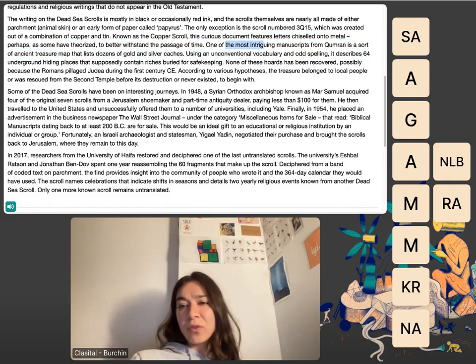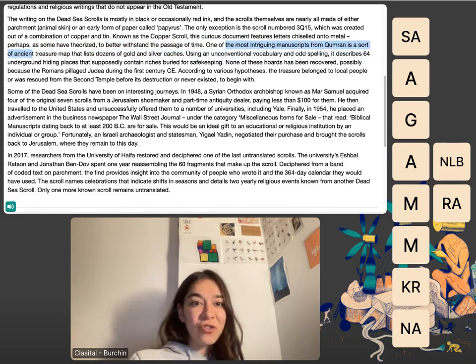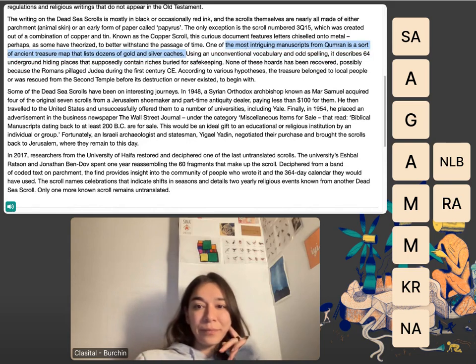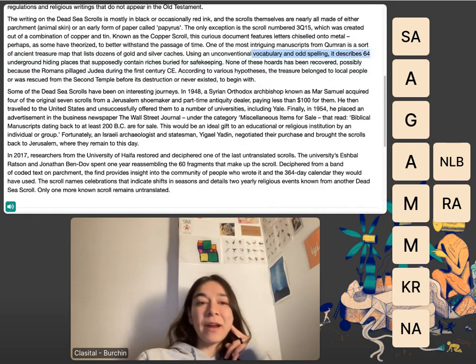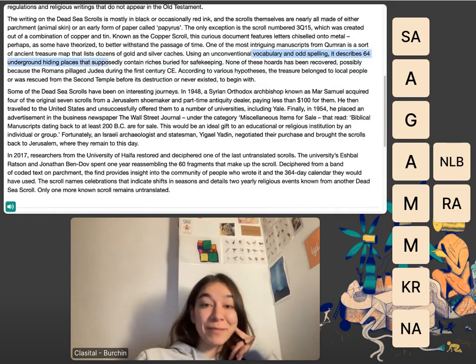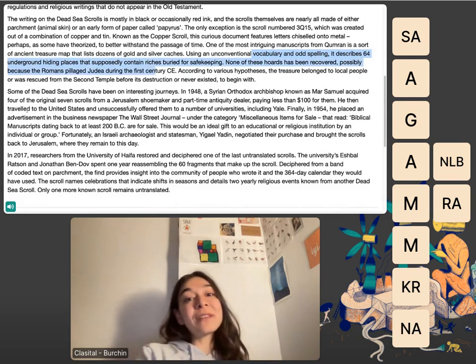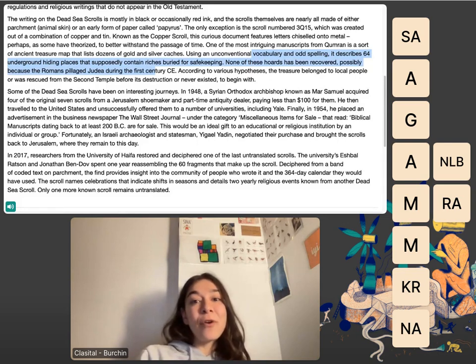One of the most intriguing manuscripts from the Qumran is a sort of ancient treasure map that lists dozens of gold and silver caches. Using unconventional vocabulary and odd spelling, it describes 64 underground hiding places that supposedly contain riches buried for safekeeping.